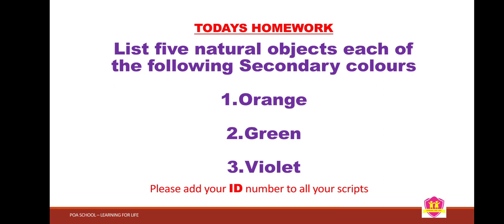You take your secondary color, an example being orange, and you state 5 natural objects which bear the color orange. The same thing applies to green and violet. But above all these, don't forget to attach your student ID on your script or onto all presentations which you will end up sending to me.